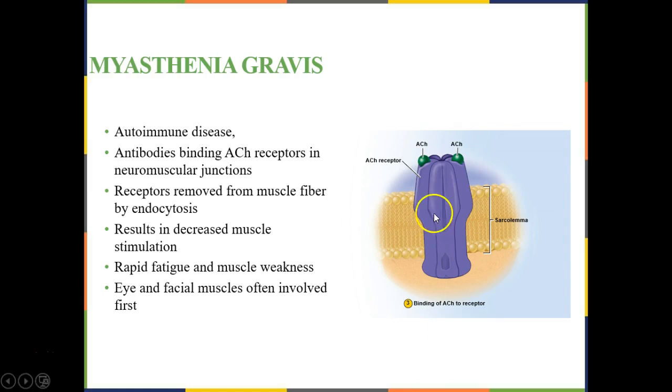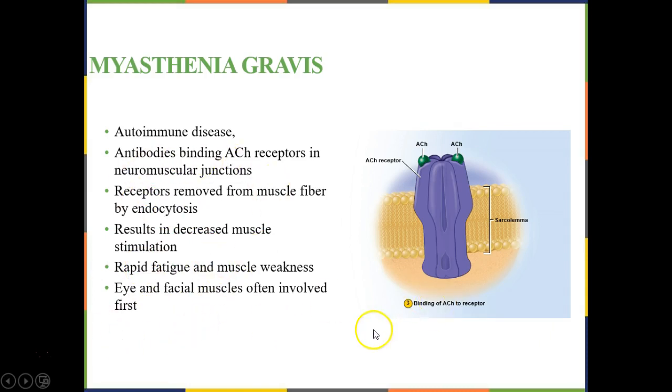They damage the receptors, and the muscle itself can no longer bind acetylcholine, which leads to decreased muscle stimulation in those cells. One of the first signs of myasthenia gravis is eye drooping, also known as ptosis of the eye. Sometimes your face becomes more flaccid. You'll see this in individuals with myasthenia gravis.